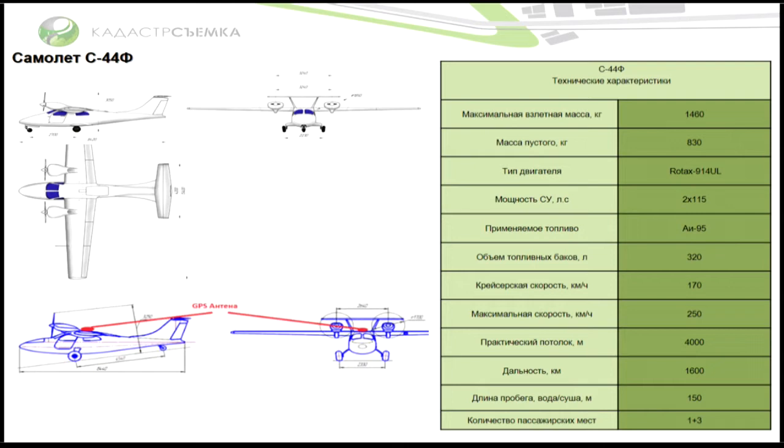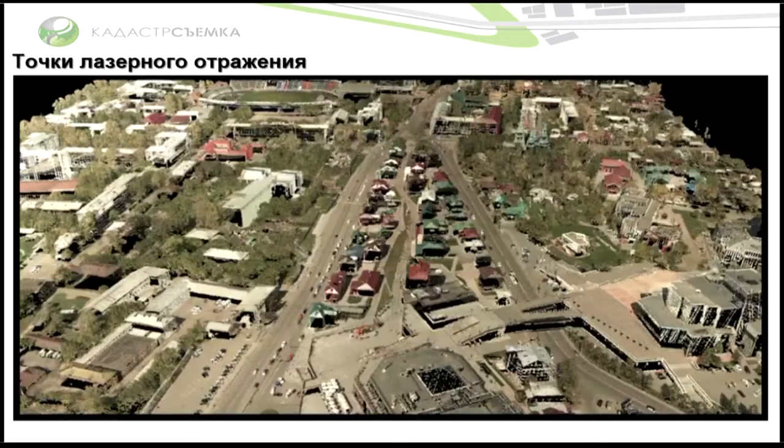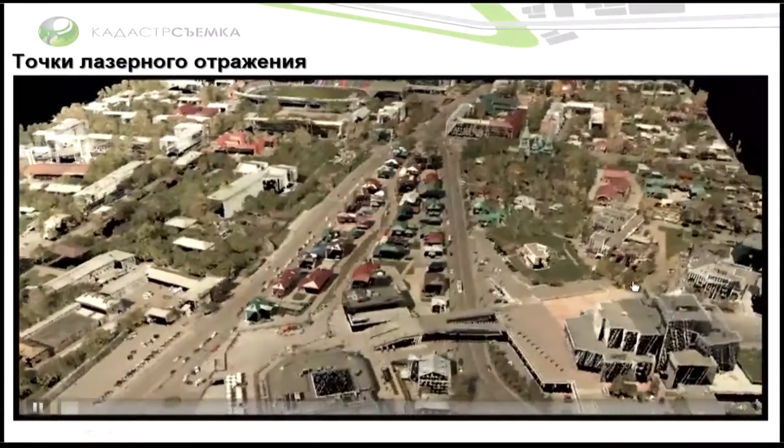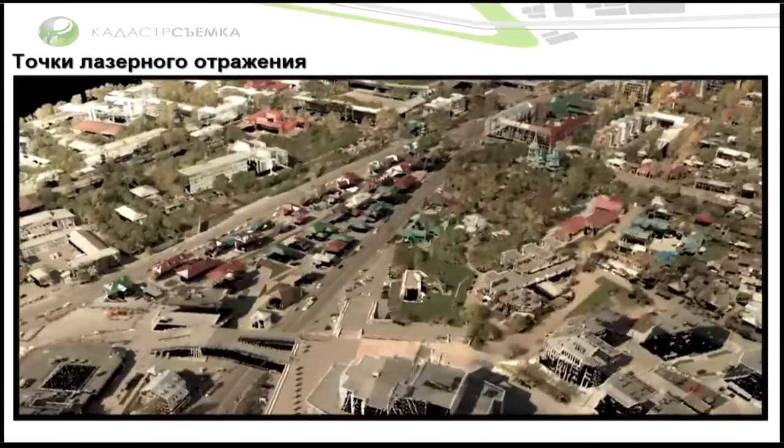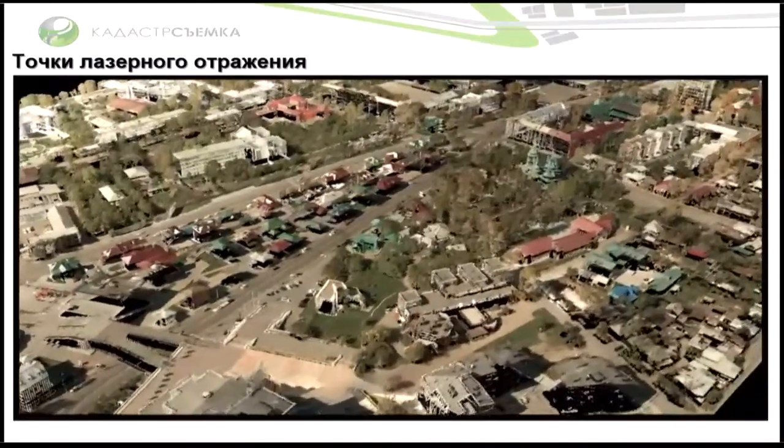We also have our own aircraft tailored to photogrammetric needs. We selected a small area, about 100 hectares, where we did aerial laser scanning. So this is a digital elevation model.